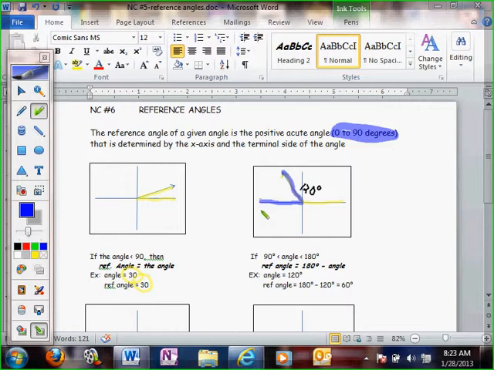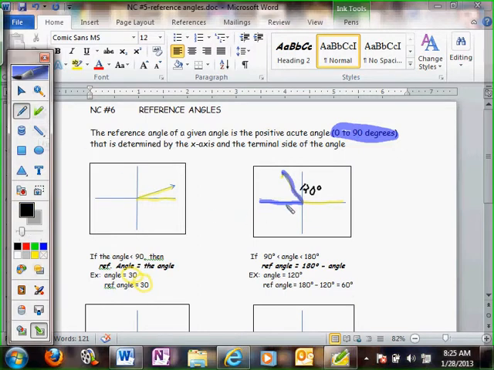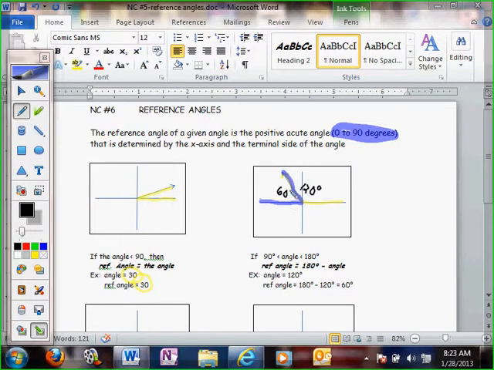That's the angle I'm looking for. Okay? And so if the angle is between 90 and 180 degrees, I just subtract the angle from 180 and I get that the reference angle is 60 degrees. So the reference angle is the angle formed with the x-axis and the terminal side. So it's this 60-degree angle right here.